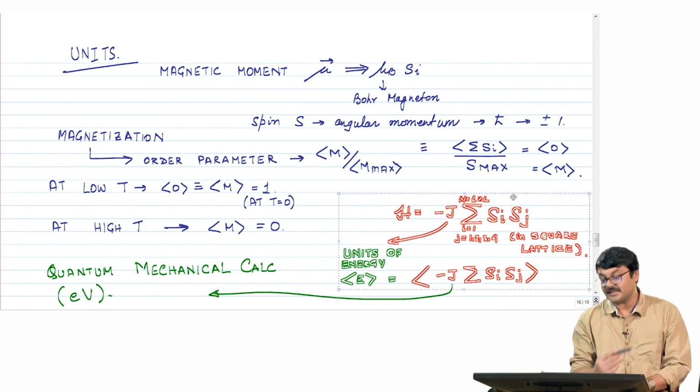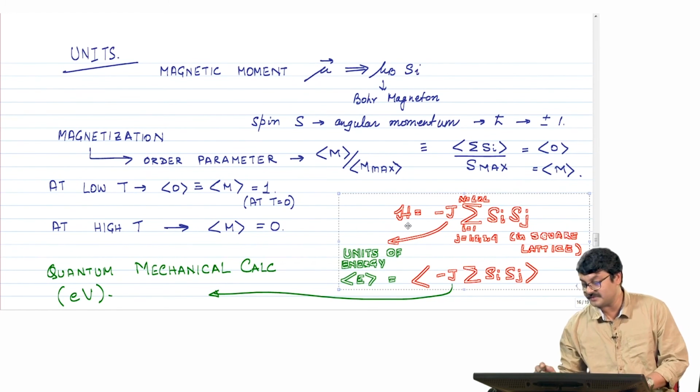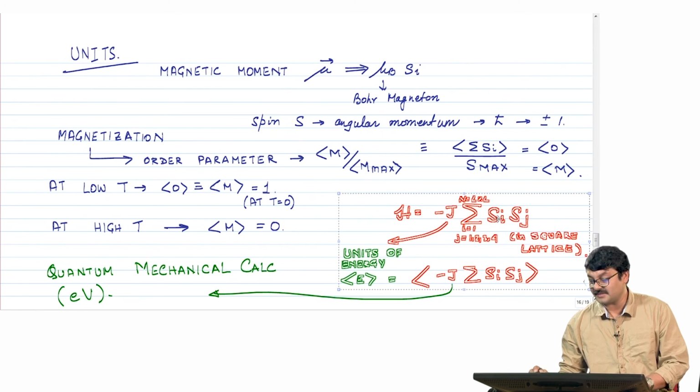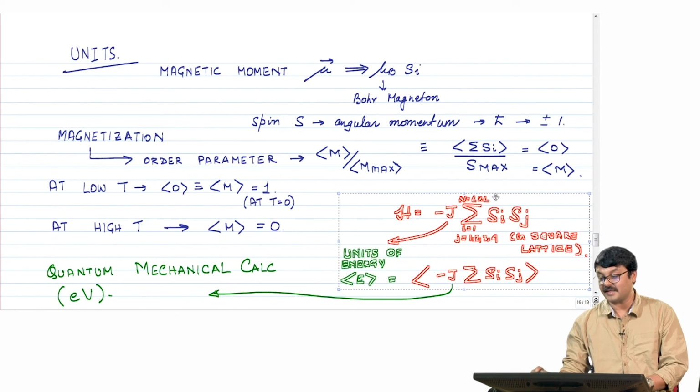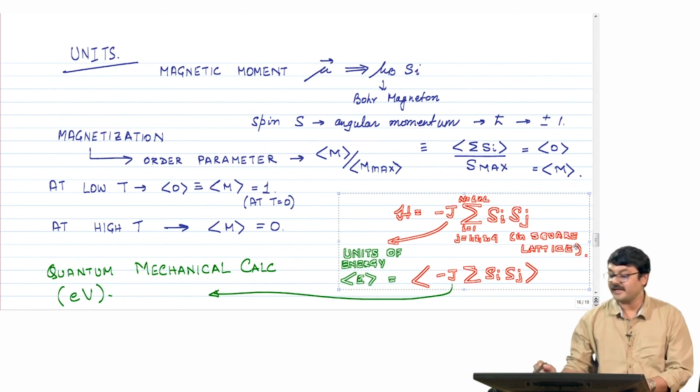The energy comes from the expression for the Hamiltonian, which is basically minus J Si dot Sj, where the summation is over i from 1 to N, N being the number of spins in the lattice L cross L, and the summation over the nearest neighbors, j goes from 1 to 4 in a square lattice.